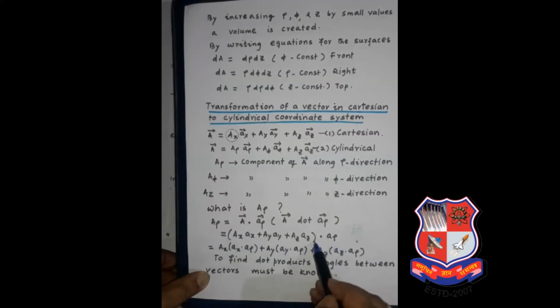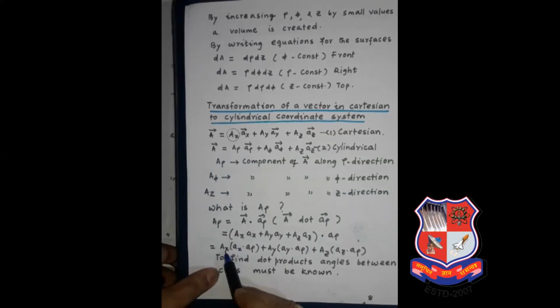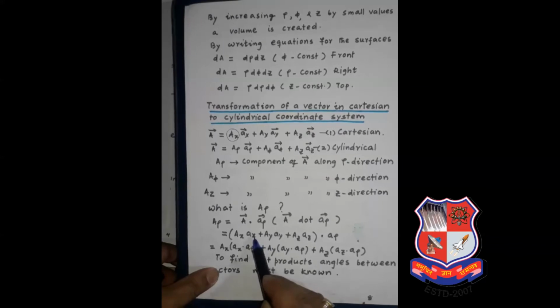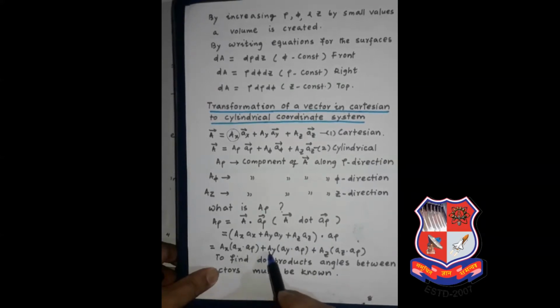We know that the dot product is the product between 2 vectors, so capital Ax can be brought outside. To take the dot product: Ax times ax dot a rho, plus Ay times ay dot a rho, plus Az times az dot a rho.